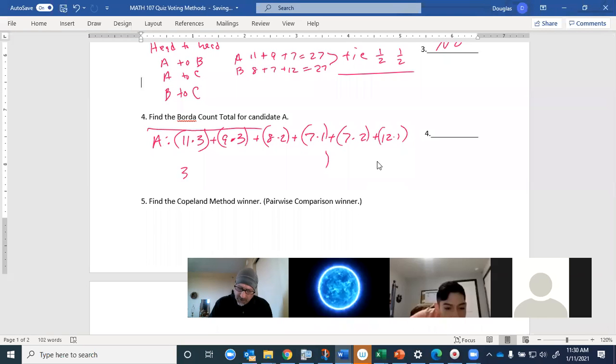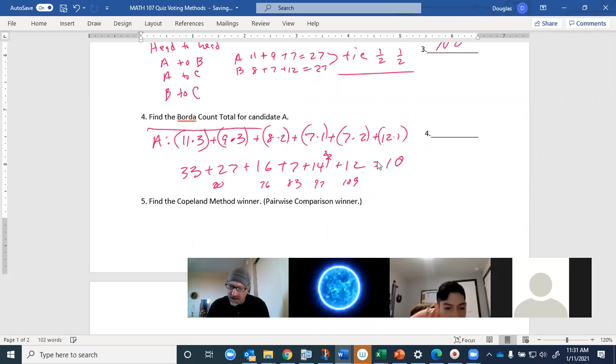So this would be 33 plus 27 plus 16 plus 7 plus 14 plus 12. If you add all those up, 33 plus 27 is 60, plus 16 makes 76, plus 7 is 83, plus 14 is 97, plus 12 is 109.